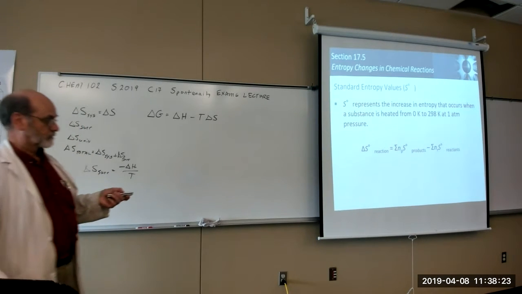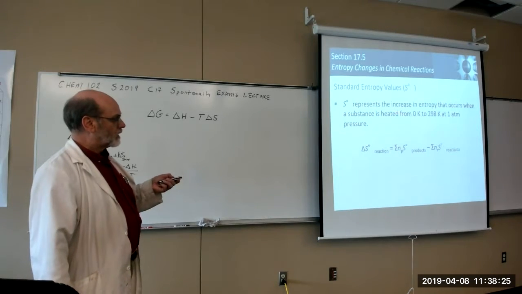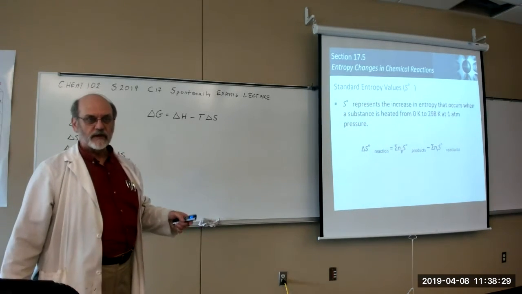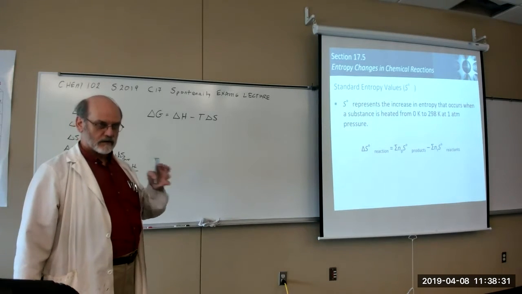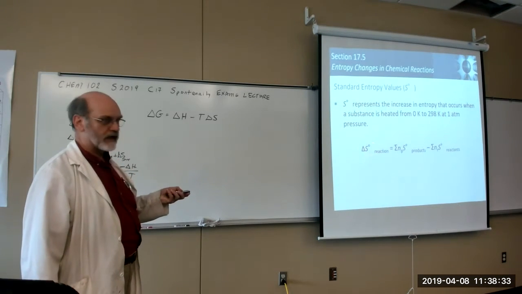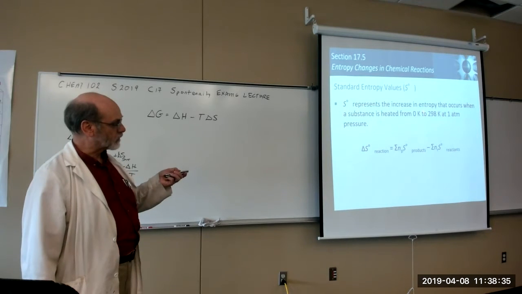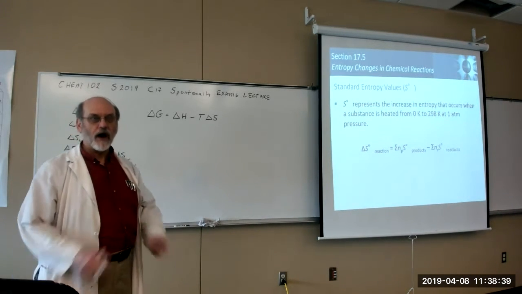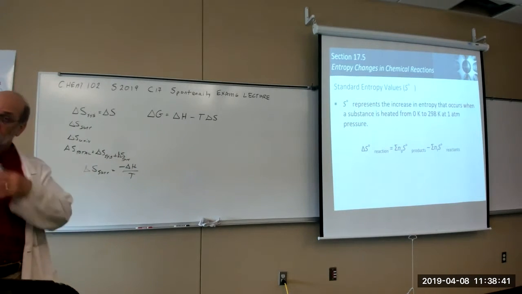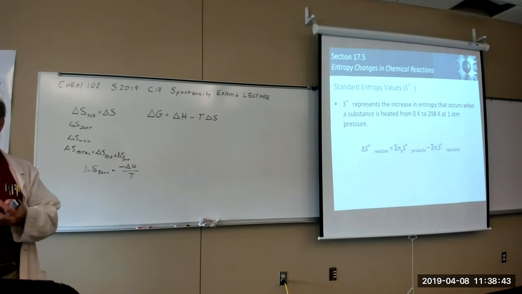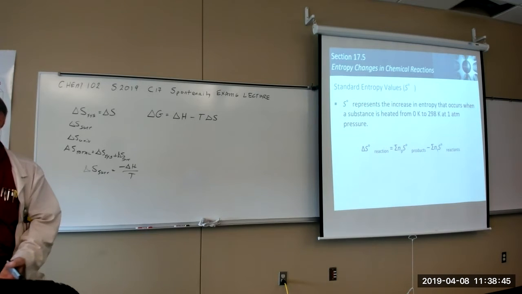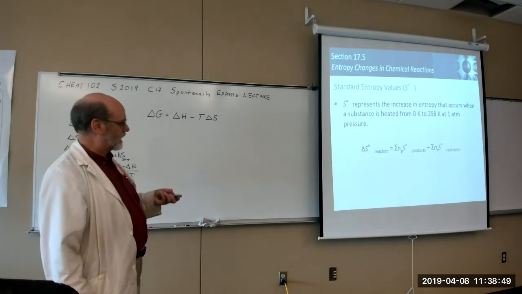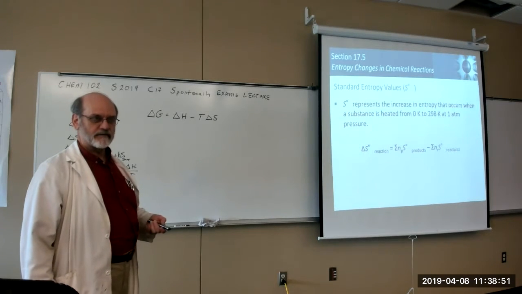But every substance, element, compound, doesn't matter what it is, they always have a standard delta S, because we're going from 0 to 298. Right? So they all have, because the third law says the only place that there's 0 is at absolute 0. So their delta S everywhere else is a positive value.